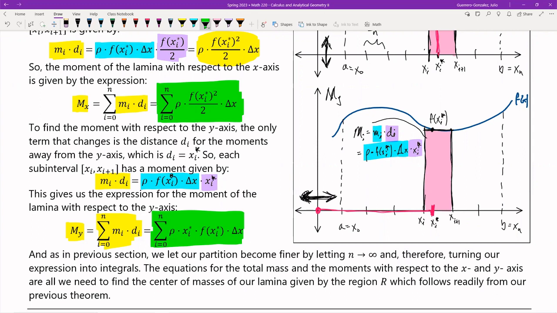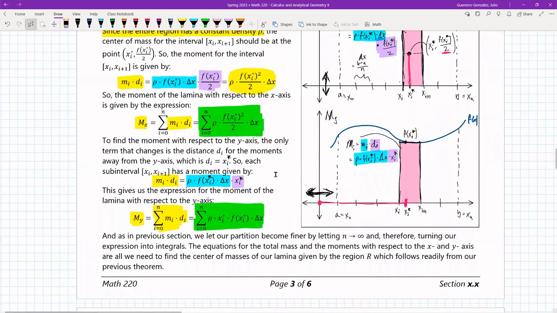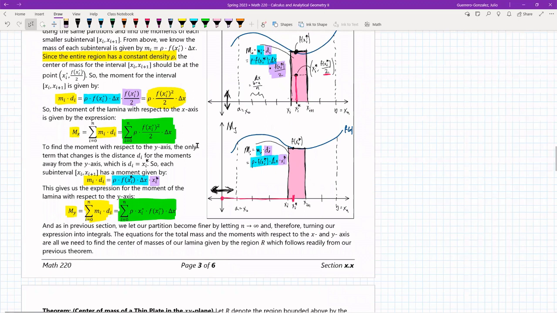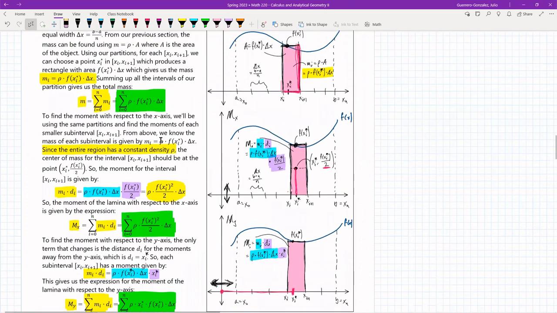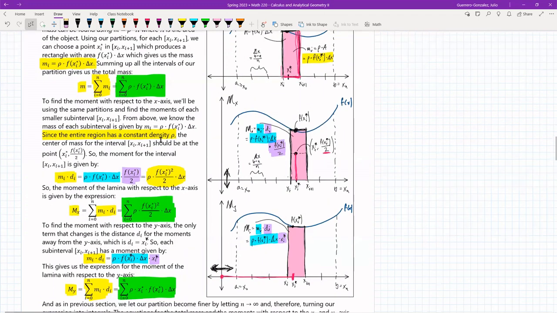Okay, so let me zoom out a little bit so we can grab all three of the equations and take stock of all three of the pictures that we did. So we have now constructed, I'm still going to highlight it in green, the construction for the total mass of our shape.